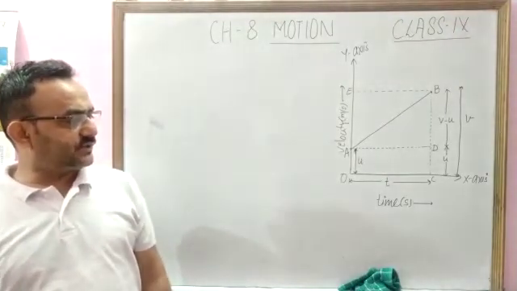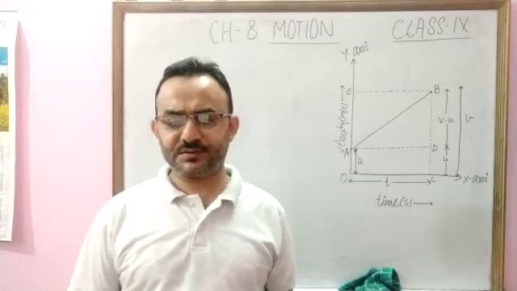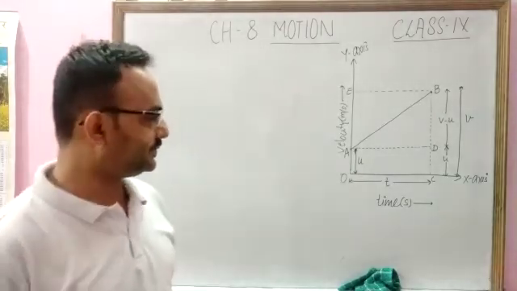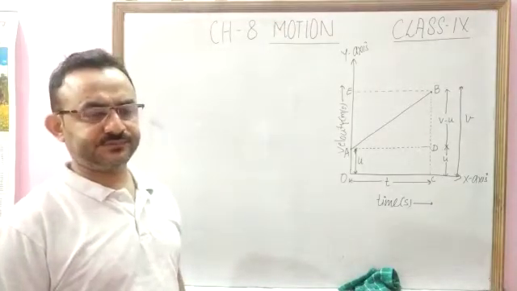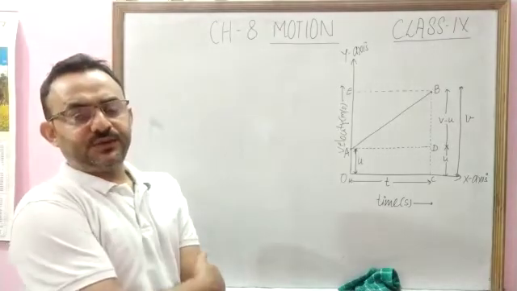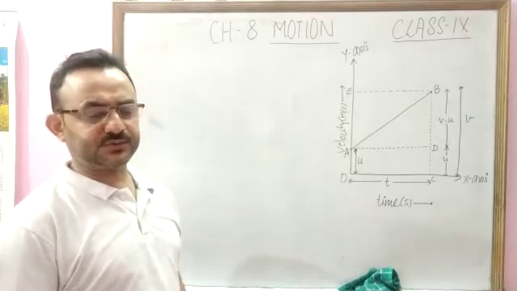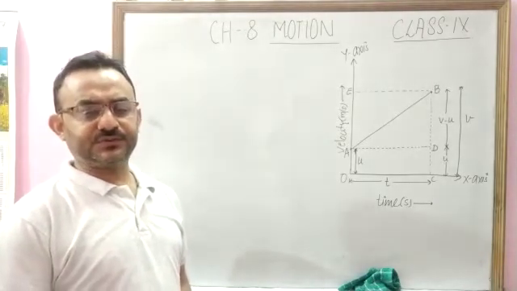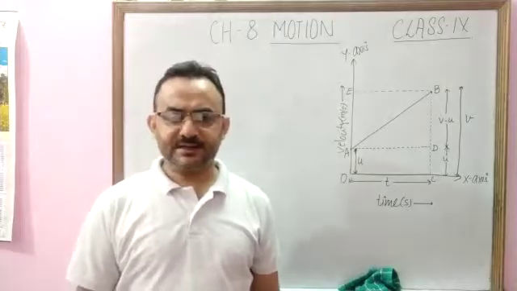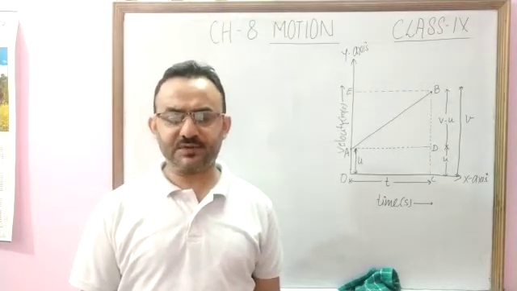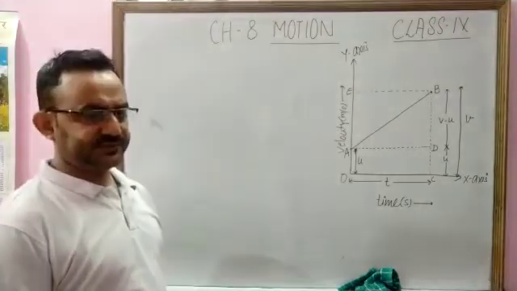In the last lecture we have studied about the equations of motion under the velocity time graph. The first two equations of motion: v minus u is equal to at, which shows the velocity time relationship, and the second equation of motion, s is equal to ut plus half at square, which represents the position time relationship.